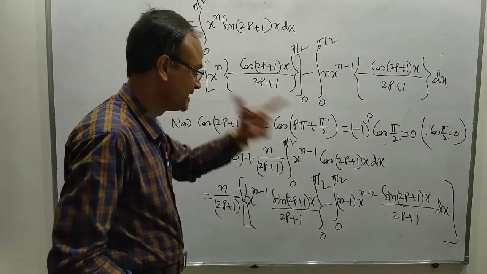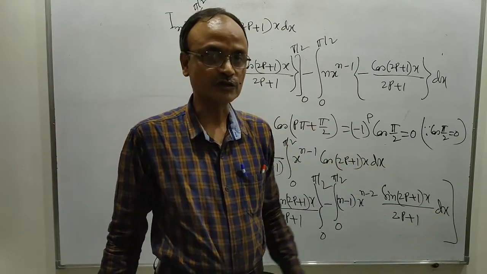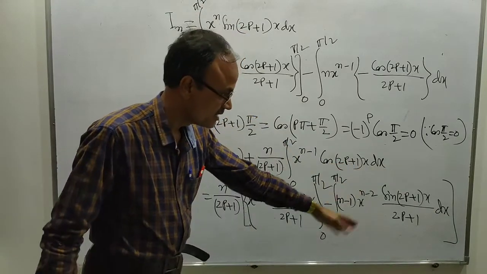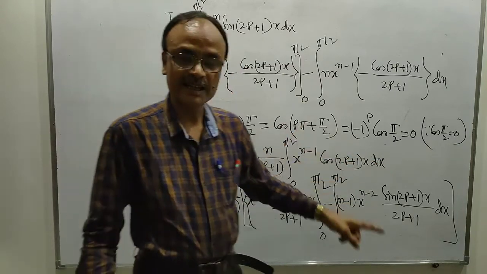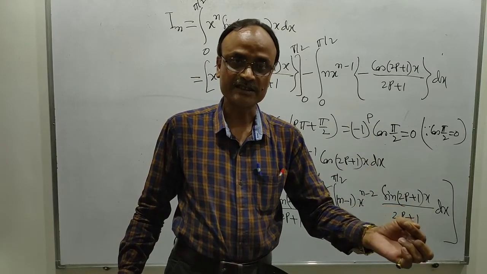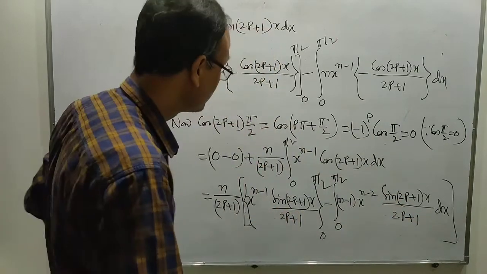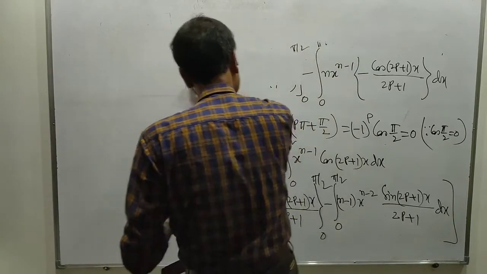We have again integrated this by parts, taking cos twice p plus 1x as the second function. You may write in the right hand side within a bracket that integrating by parts, taking cos twice p plus 1x as the second function.